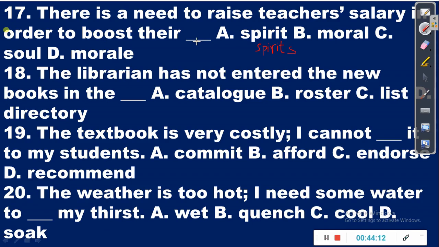You cannot say there is a need to raise the teacher's salary in order to boost their soul. You cannot say in order to boost their spirit. You also cannot say in order to boost their moral, because moral here is an adjective and it must come after a noun. So we are then left with option D, which is morale.